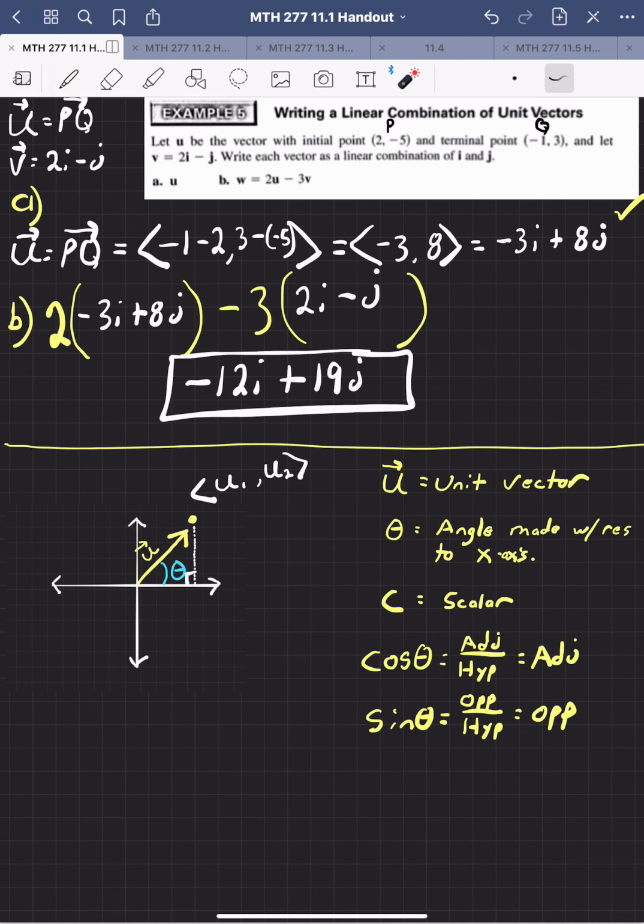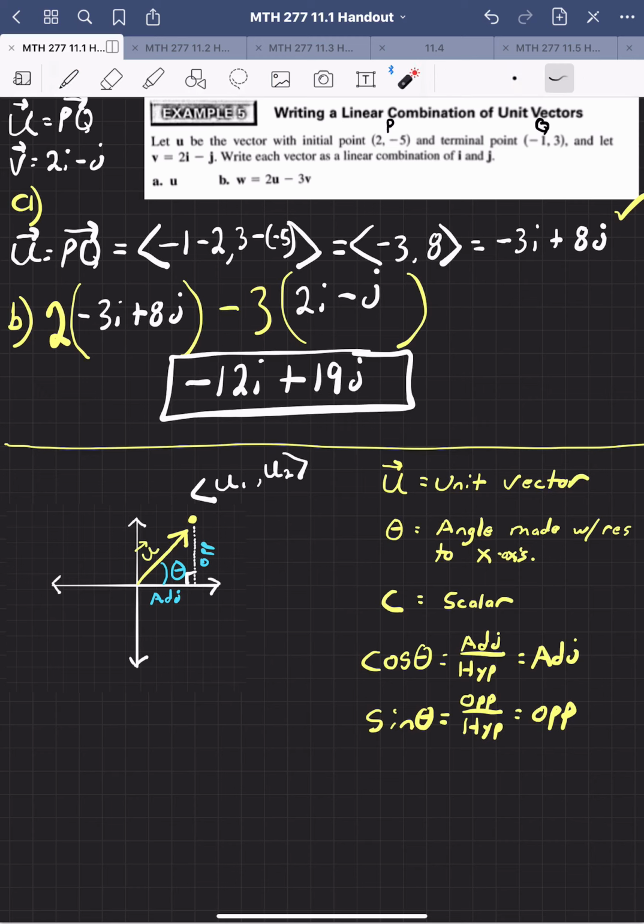Let me just assume that somebody was daydreaming. I want to make sure you understand, if the length of the hypotenuse is 1, adjacent divided by 1 is just adjacent. Okay? Opposite divided by 1 is just opposite. But what is adjacent? What is the opposite? So this would be your adjacent side. This would be your opposite side.